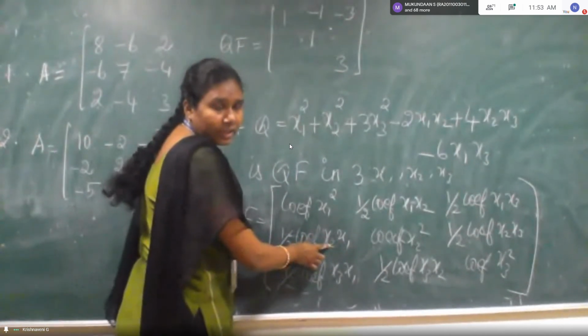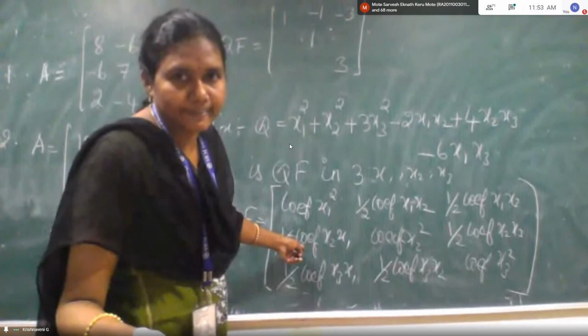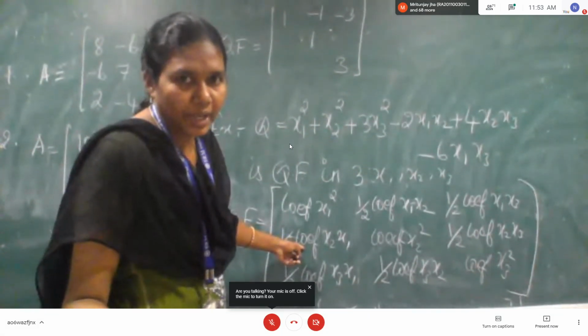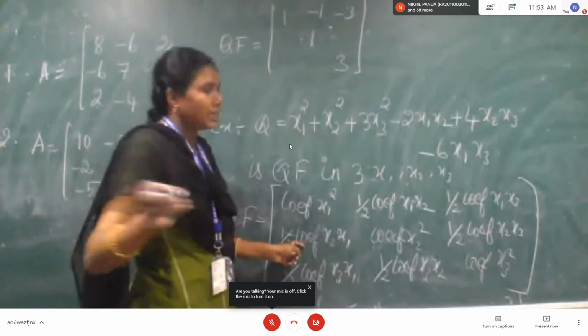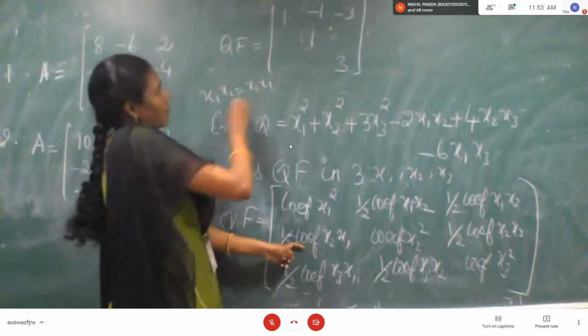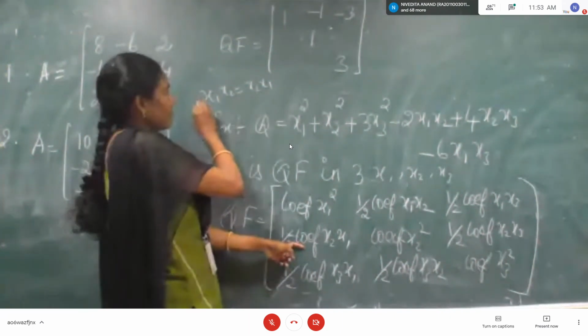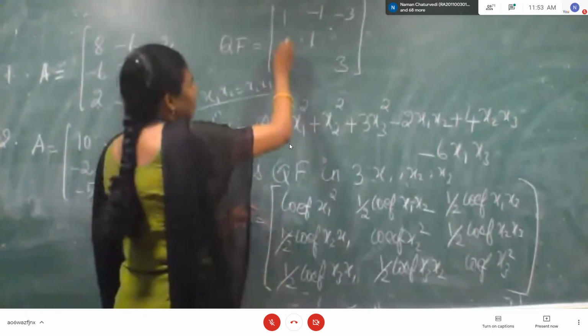x1, x2 equals x2, x1, so the same thing: minus 1, minus 1.